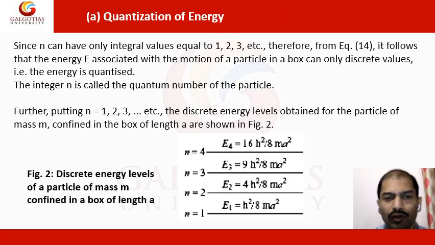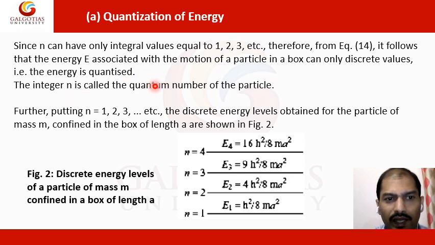Now the quantization of energy can be found from this equation. Since n can have only integral values equal to 1, 2, 3 etc., it follows from the equation that the energy associated with the motion of the particle in the box can have only discrete values, that is, the energy is quantized.